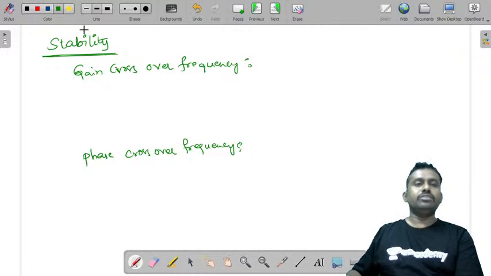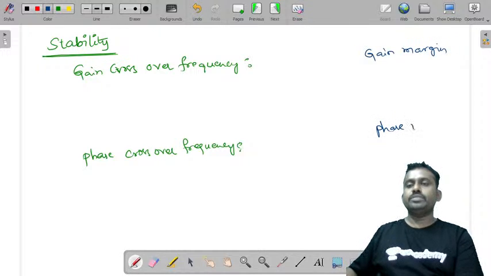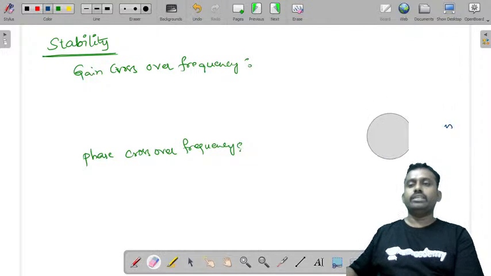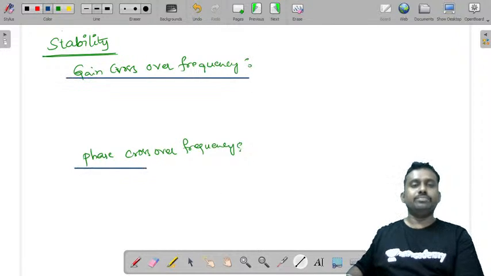Once you know this, you'll understand how to find gain margin and phase margin of the system. So we will look at these gain and phase margins in the next session. But today I'll just tell you what are gain crossover frequency and phase crossover frequency.